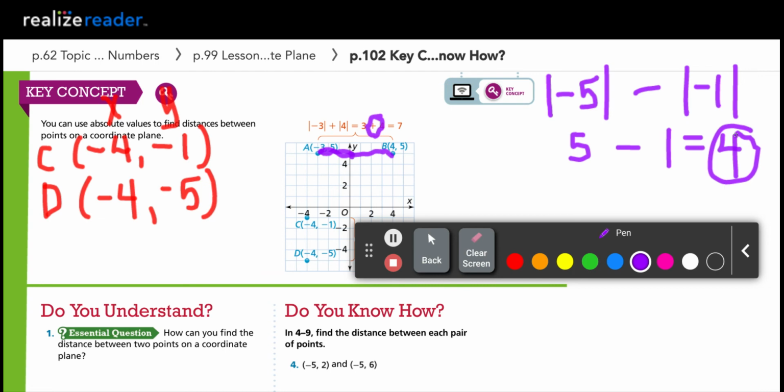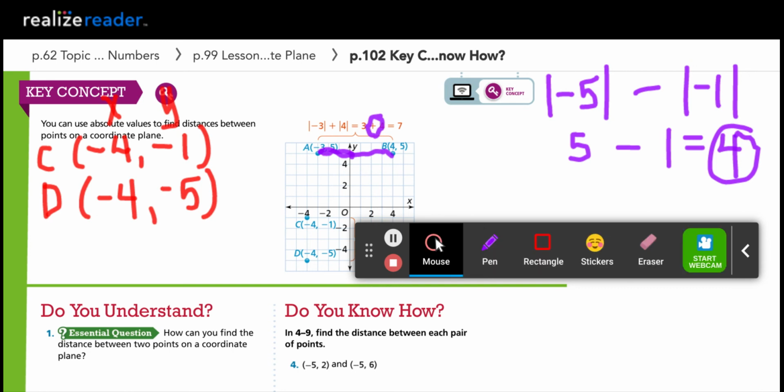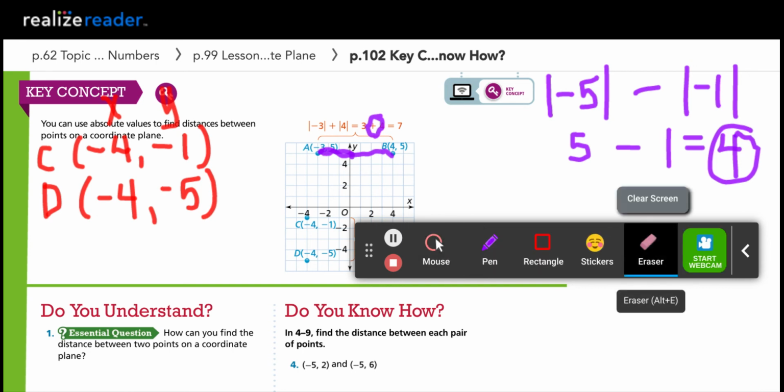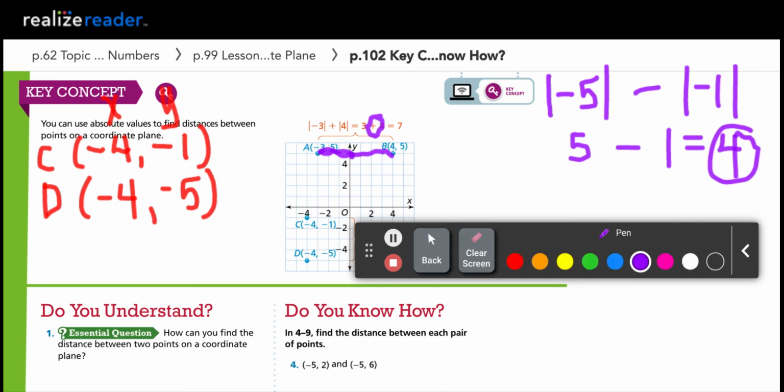Now, I know that this whole question of am I going to add or am I going to subtract is a little tricky. Even when I was just explaining it, I was like, let me make sure I'm saying it right. But think about it on a coordinate plane. Or think about if we added them. If one y value is -1 and the other one is -5, you're not traveling across an axis.